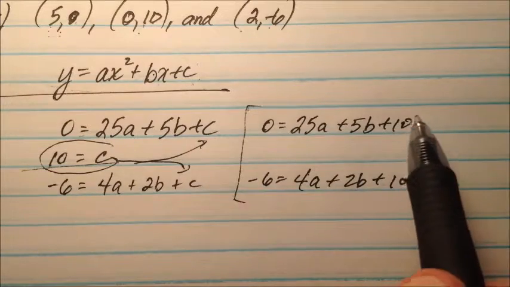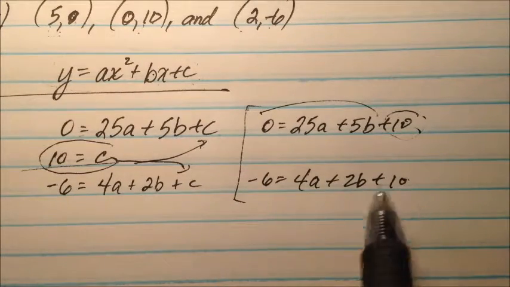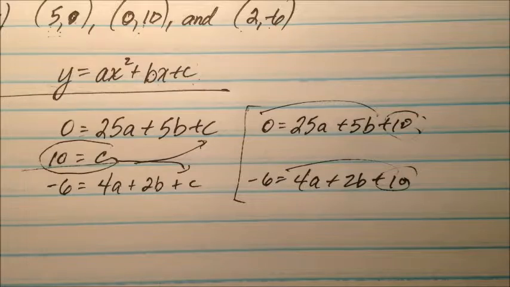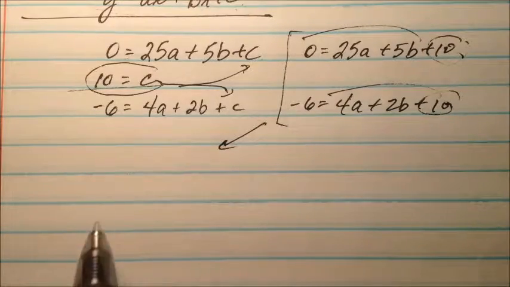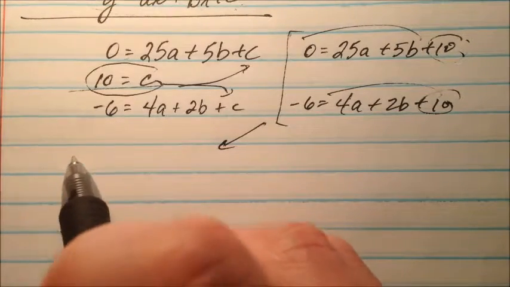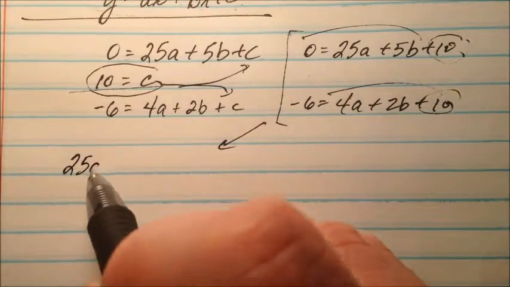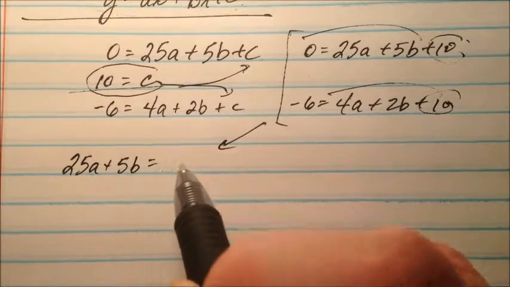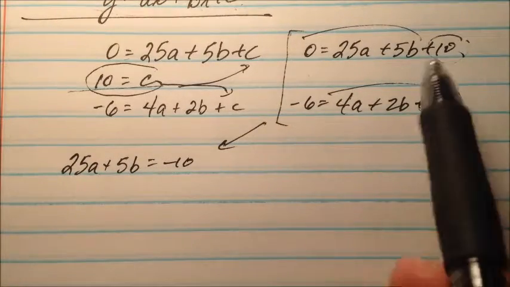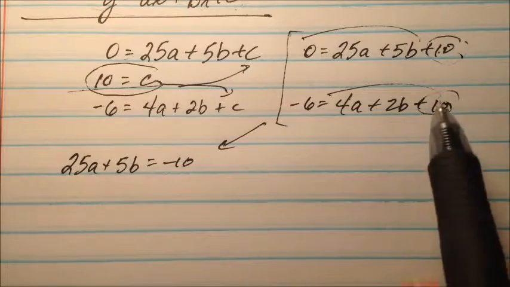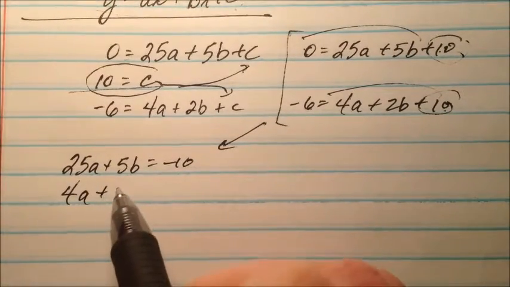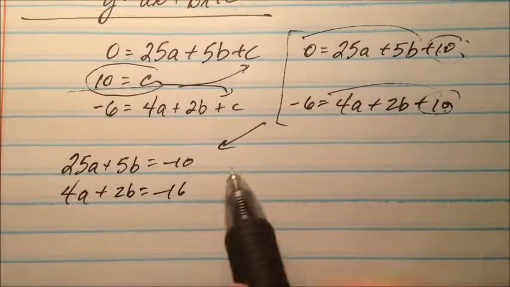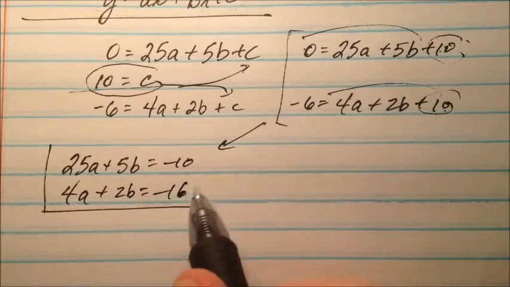So I'm going to put this 10 on the other side and then put this 10 on the other side. I'm going to rewrite these equations in standard form a little nicer. So it looks like it's going to be 25a plus 5b equals negative 10, because when I subtract 10 from both sides. And down here when I subtract 10 from both sides, it'll be 4a plus 2b equals negative 16.